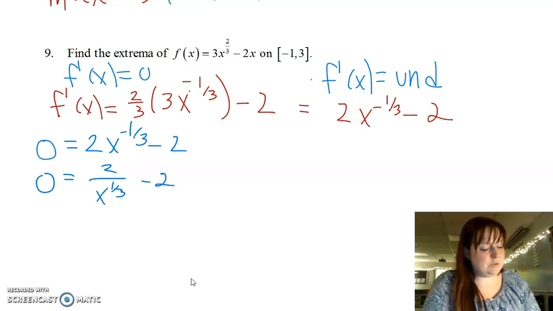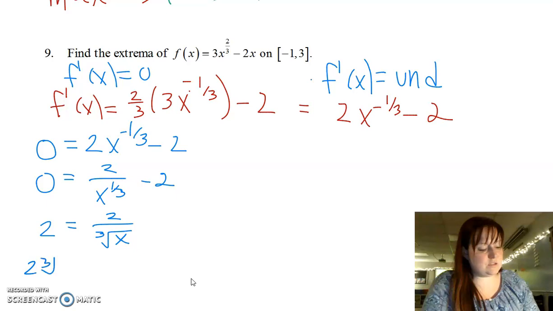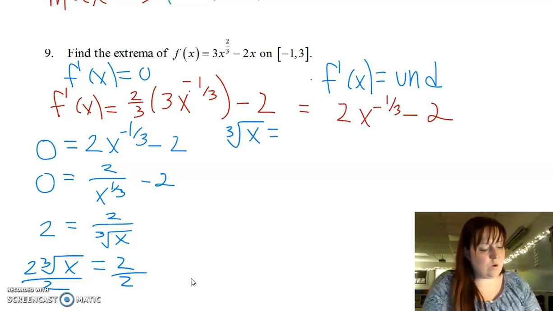Well, we add 2 to both sides and we get 2 equals 2 over the cube root of x. Then we multiply both sides by the cube root of x, and we divide both sides by 2, and we have the cube root of x equals 1. And then we cube both sides and we get x equals 1.